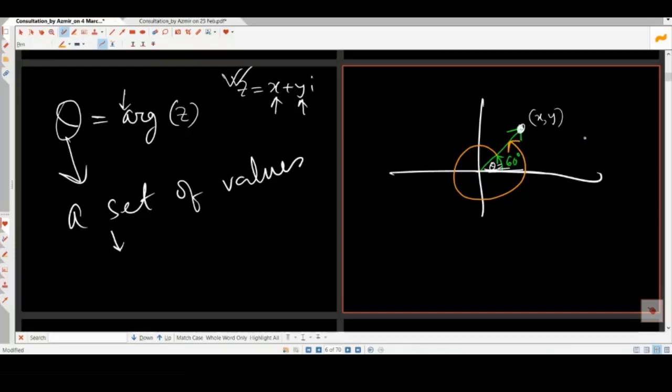That means besides 60 degree, we can add 360 degree. Then we are getting the same line. So this will give us another result, and that is 420 degree. So by coming with one rotation, we have found another angle.